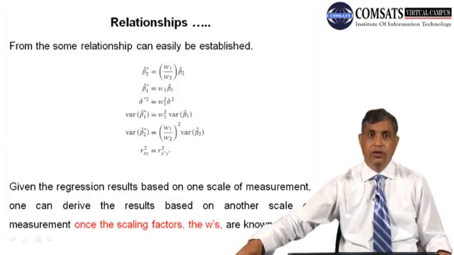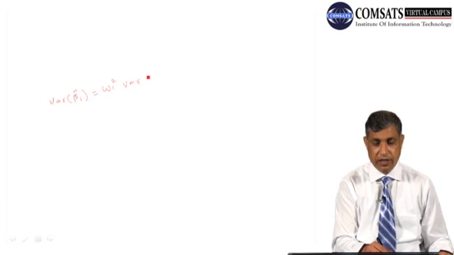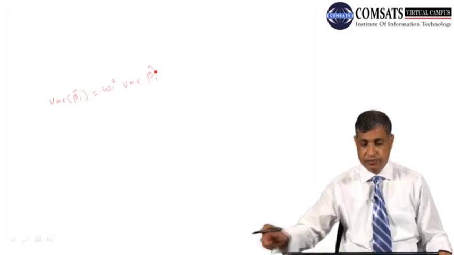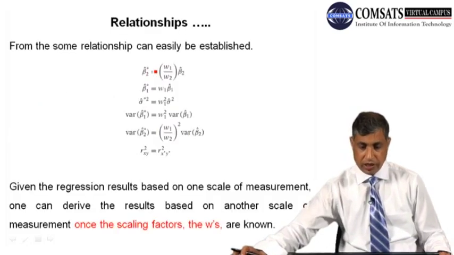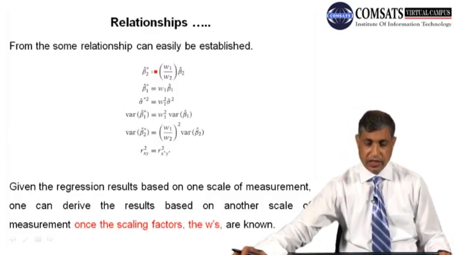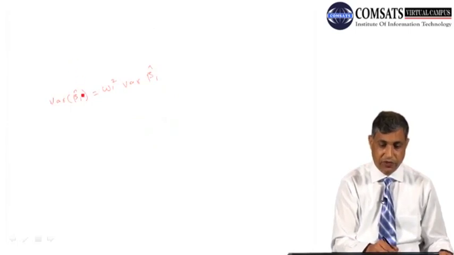So I was talking about the relationship between the beta stars and beta hats. If you remember, we were in the discussion of the variance of beta 1 hat, and I said that I will be completing it, that the variance of beta 1 star hat is equal to W1 squared times the variance of beta 1 hat. Just let me see that this is variance and this is star. This is definitely star.